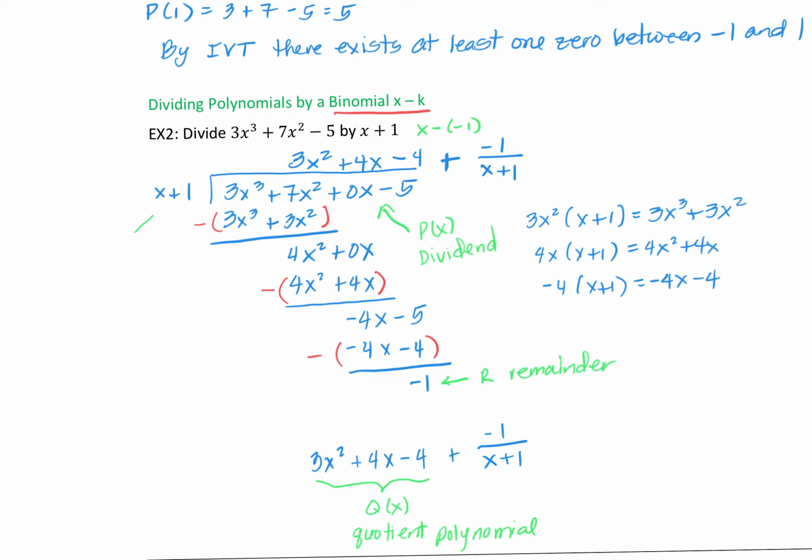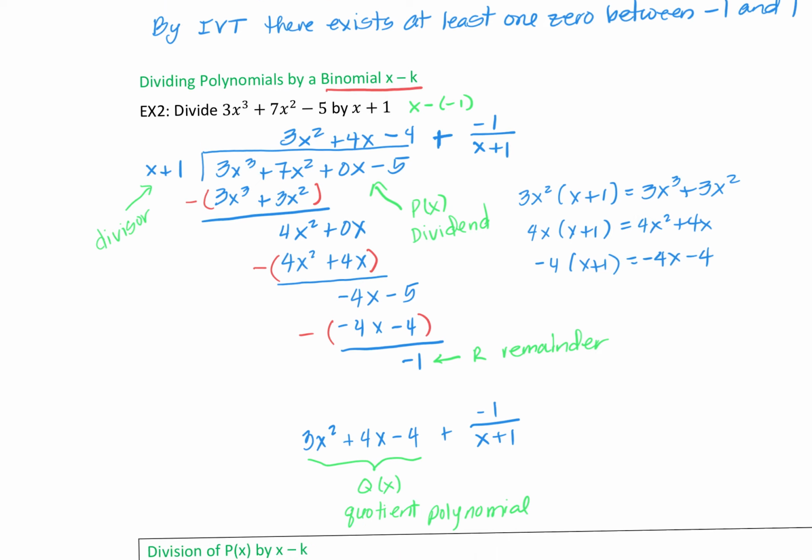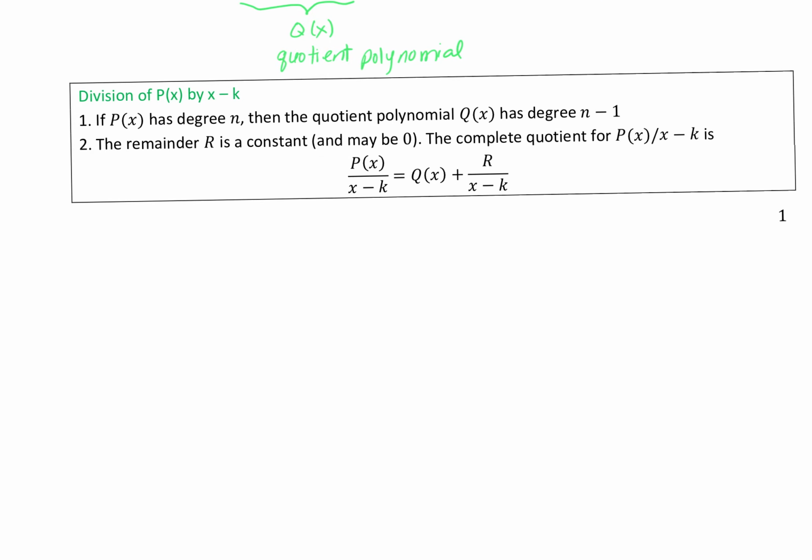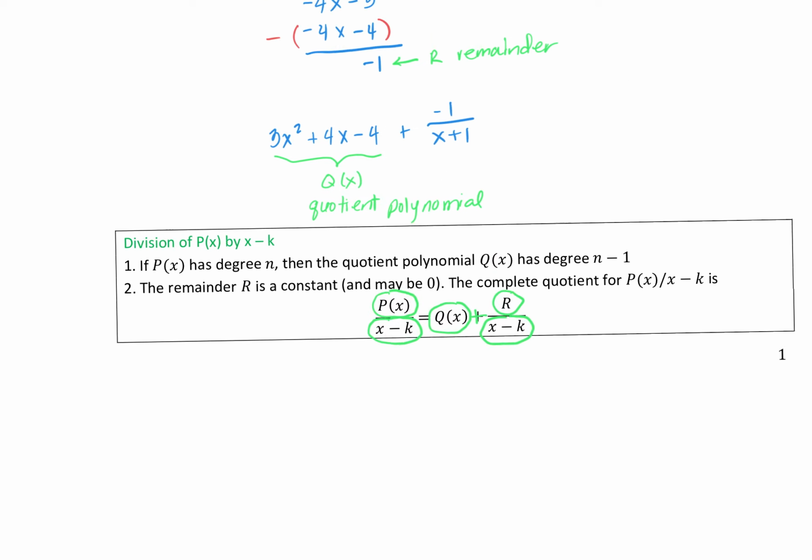And this x plus 1 on the outside, sometimes we'll call that the divisor. So this p of x, this polynomial that we started with, if we divide it by our binomial x minus k, it's going to be equal to the quotient plus remainder over x minus k. So that's what we just wrote up above.